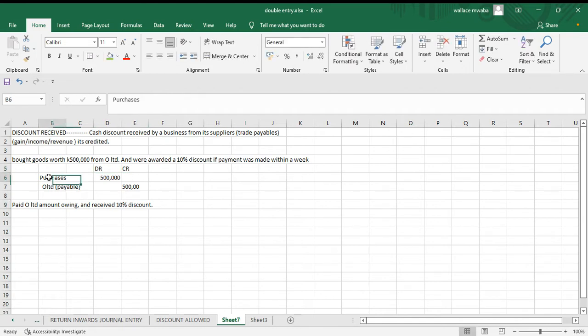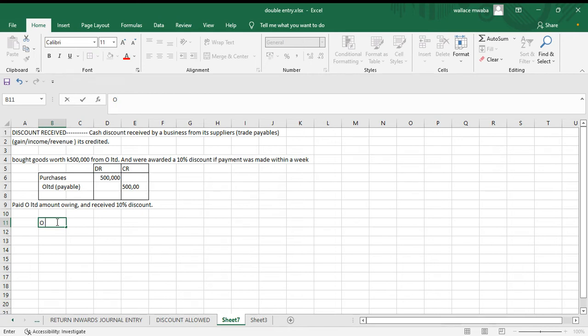Now it says we paid the amount owing to All Limited and received the 10% discount. We have paid, so we have reduced our liability. A reduction in a liability is debited, so we'll debit All Limited.